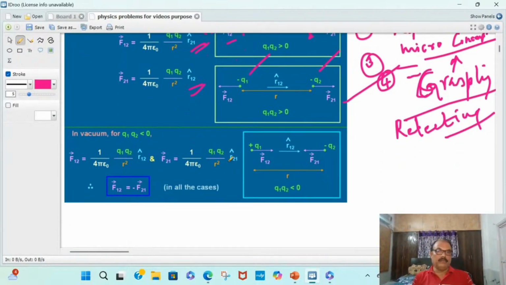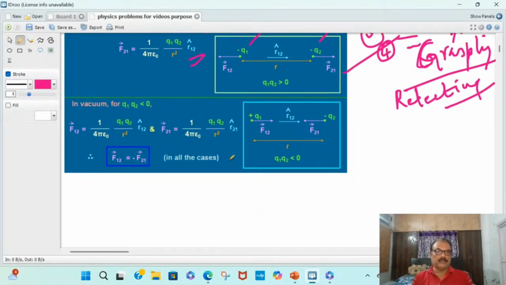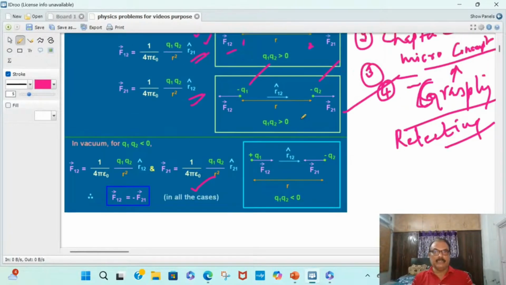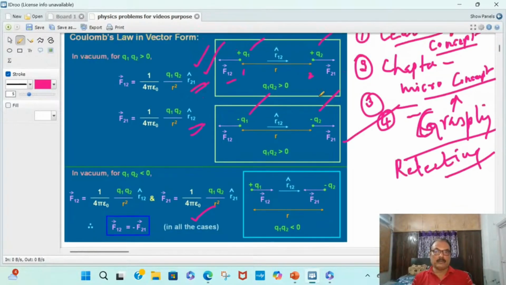Then when you see that r12 and r21 are opposite, the forces are equal and opposite. In all cases it is correct, even if it is attracting, opposite side; even if it is repelling, opposite side.